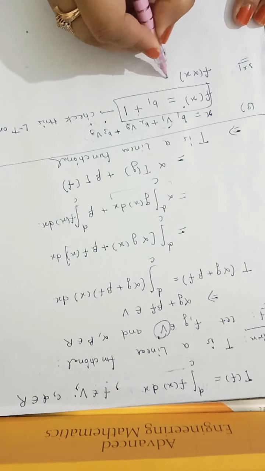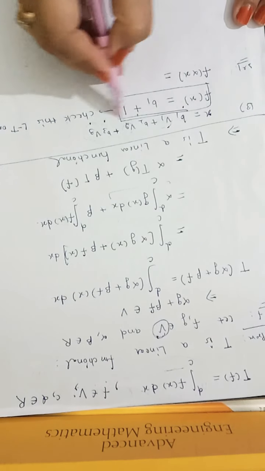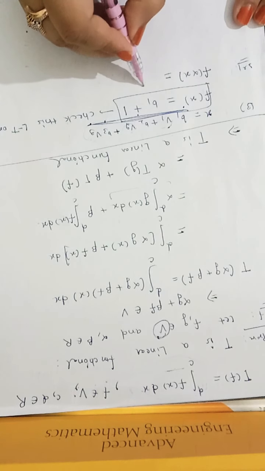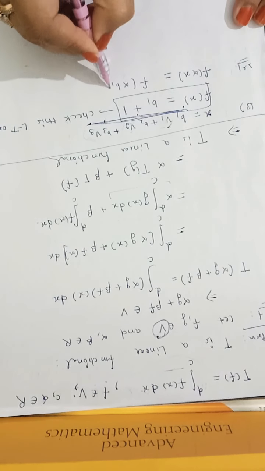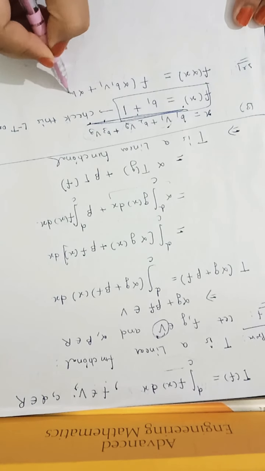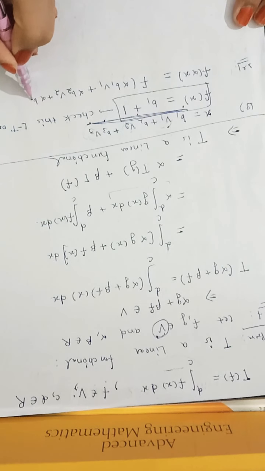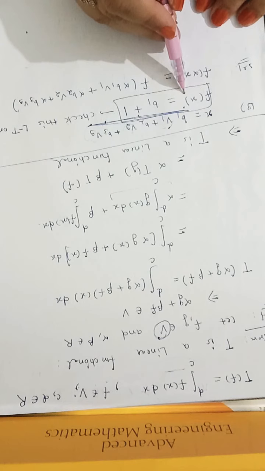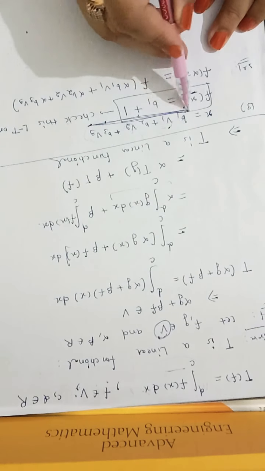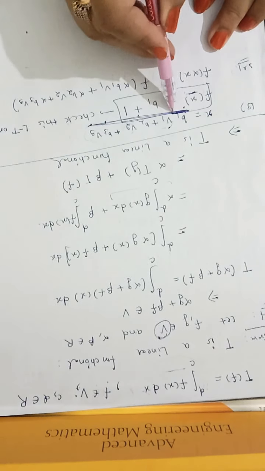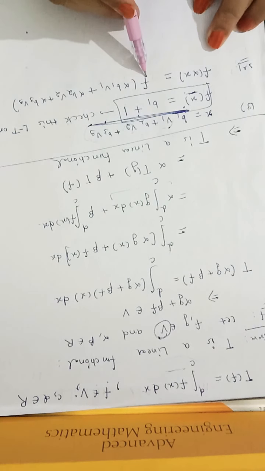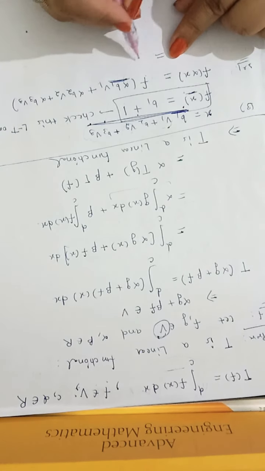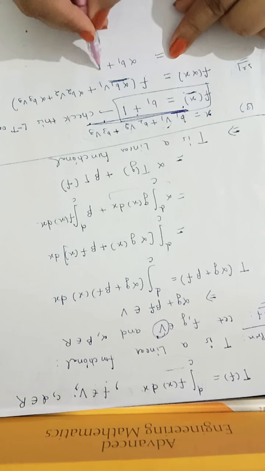Here x is alpha b1 v1, alpha b2 v2, alpha b3 v3. According to the definition, f gives the first component scalar plus 1 only. This is alpha b1 plus 1.